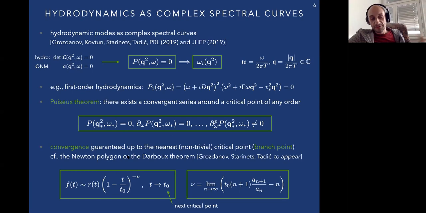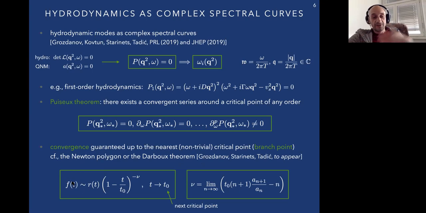So what we showed now, and this is a paper that's coming out either at the end of this week or next week, where we're mainly interested in computing these critical points and radius of convergence at finite coupling, there's actually a very simple diagnostic tool to understand what will happen at this next critical point. So what you can do is the following thing.